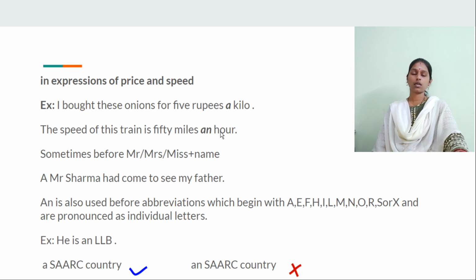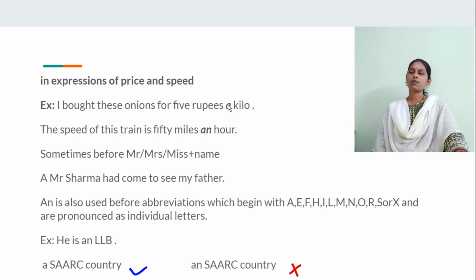Even though the word starts with U, it's not giving a vowel sound. Likewise, European starts with E, but we won't use an there; instead we use a, because the word doesn't start with a vowel sound.